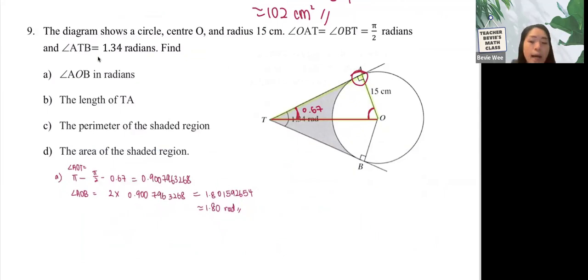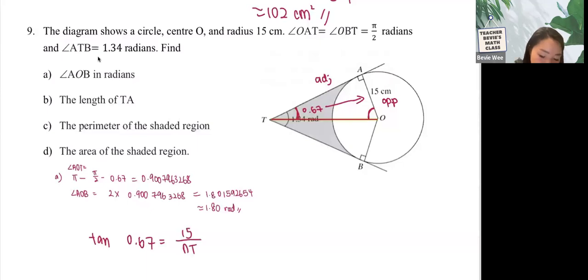Okay, now I want TA. This is where my SOH CAH TOA comes in. Okay, so this is my opposite and I want my adjacent. So OA. OA is what? OA is 15, right? So tangent theta equals opposite over adjacent.